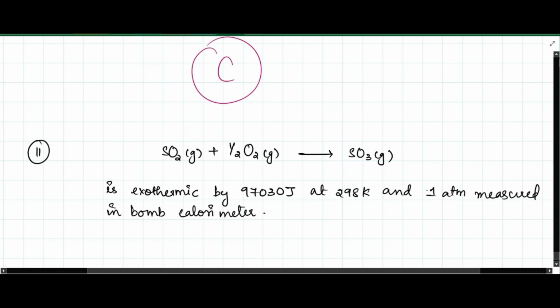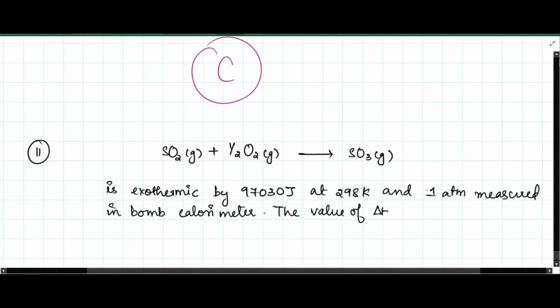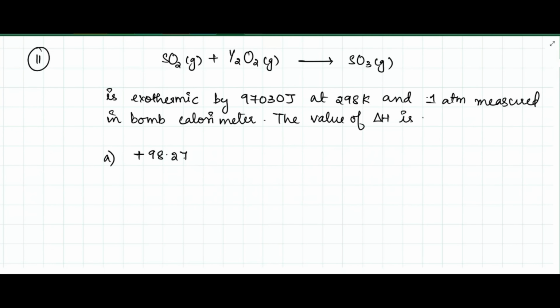Questions like this are very common. The value of delta H is: option A plus 98.27 kilojoules, option B minus 95.79 kilojoules, option C minus 98.27 kilojoules, option D plus 95.79 kilojoules.